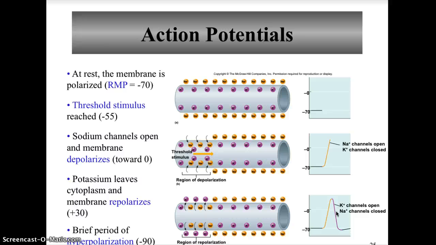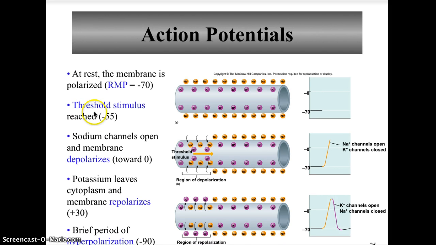At rest, the membrane is polarized, so the resting membrane potential is negative 70 millivolts. As you have ions moving in, the threshold stimulus is reached. So basically the cell membrane is going to be depolarized, so it's going to become less negative.